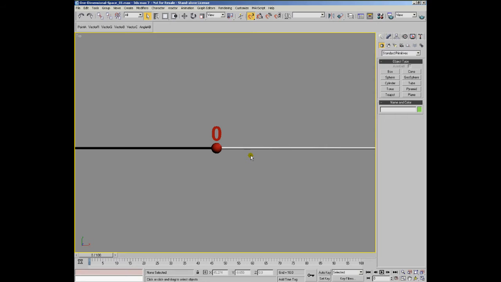Looking at one-dimensional space, we have a single axis, a line containing an infinite number of points. We can express the position of any point with only one coordinate.